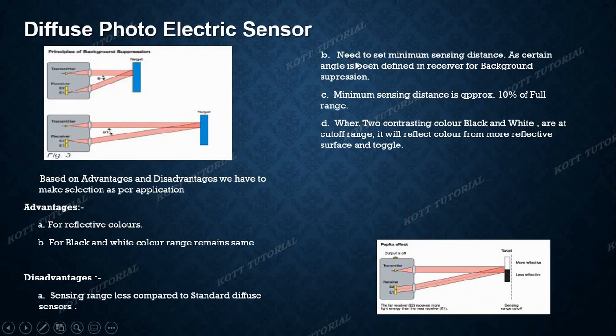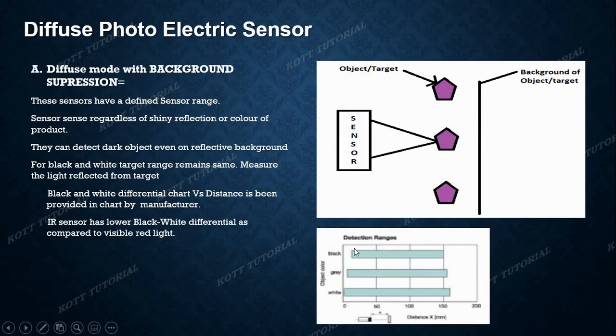We have to set the target greater than the minimum sensing distance, then only it can successfully detect a product. Minimum sensing distance is approximately 10% of full range. Say if I have a range of 100%, the minimum sensing range would be 10%. That is, we have to place the product greater than the 10%. Then only it can detect the product.